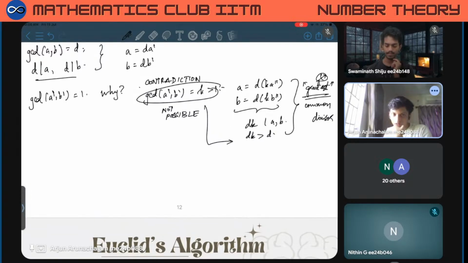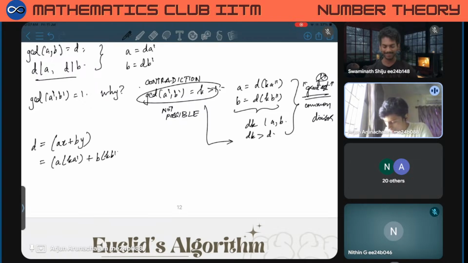So a dash and b dash are indeed prime. So in a way we start from the, so essentially you are stating that you can write d is equal to ax plus by, and you can write it as x times d a dash plus y times d b dash.